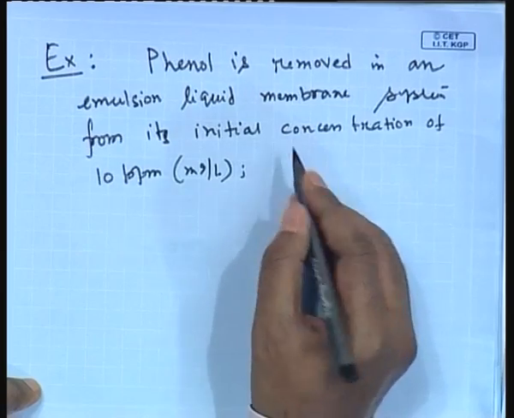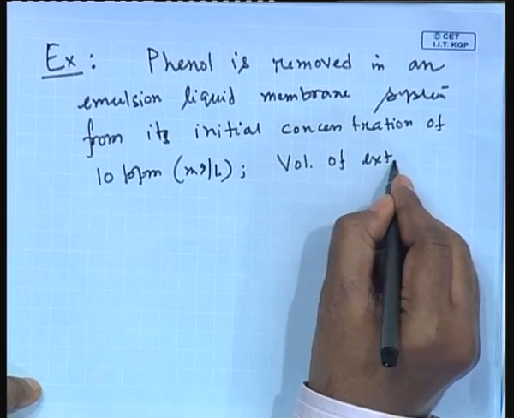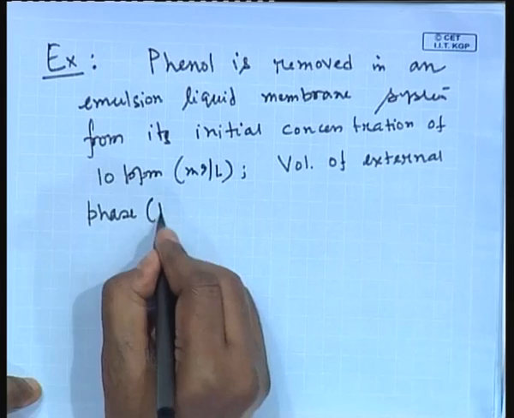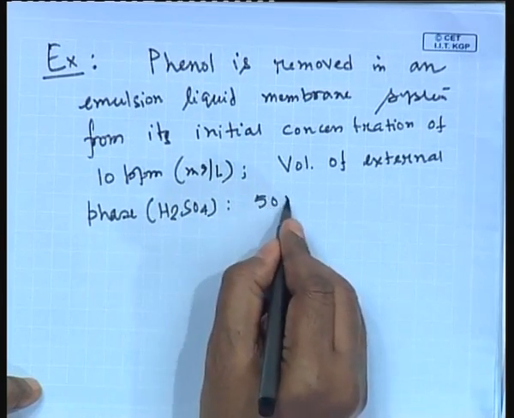The volume of the external phase, that is sulfuric acid, is 50 ml.